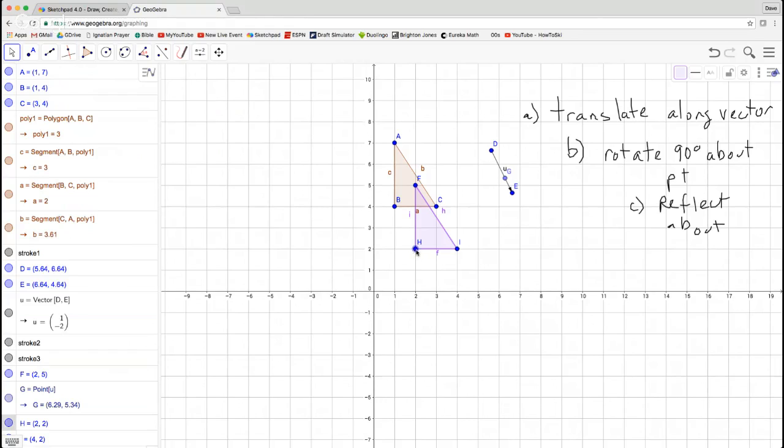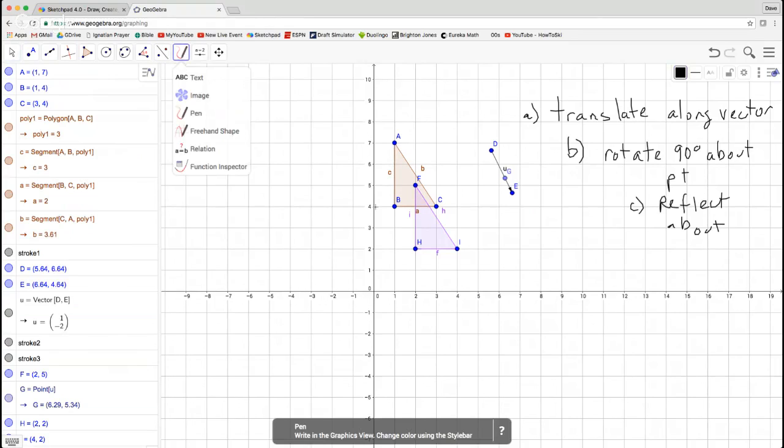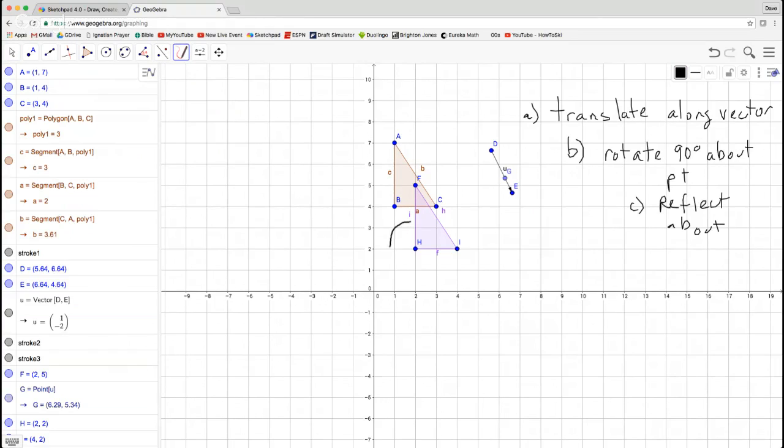And the point I'm going to choose is point H. So watch, when I rotate this thing 90 degrees about point H, we're just going to twist this guy down. We're just going to kind of twist him down like this. And this point H isn't going to move because that's going to be our point of rotation.